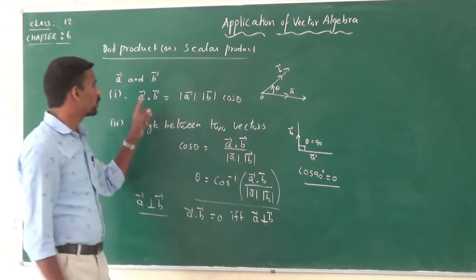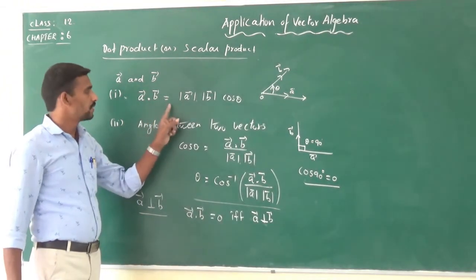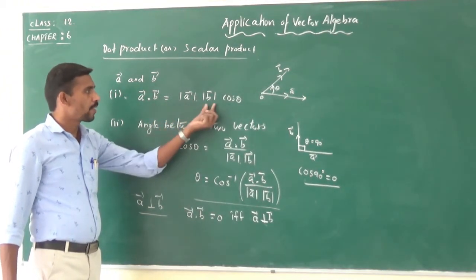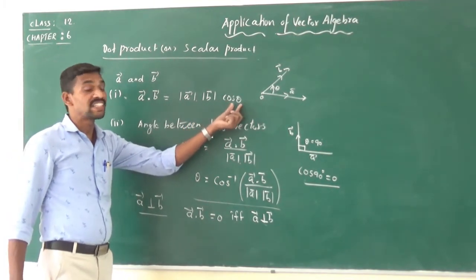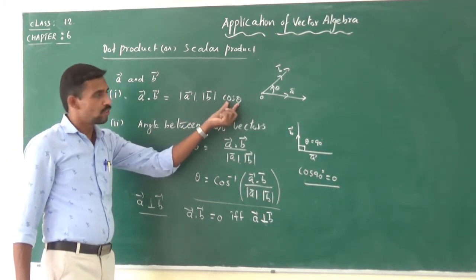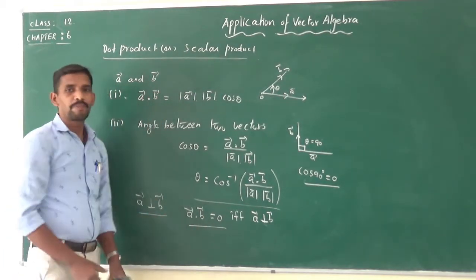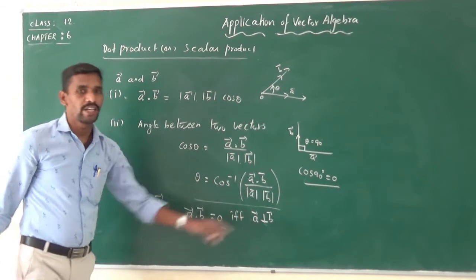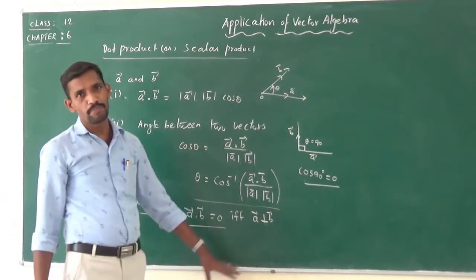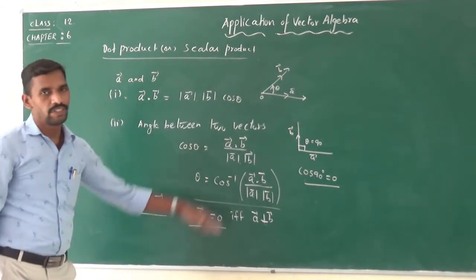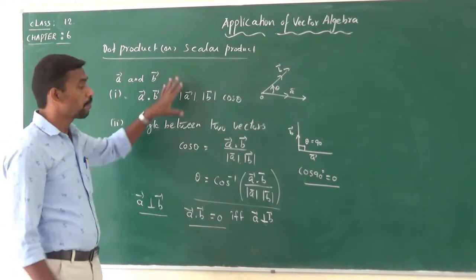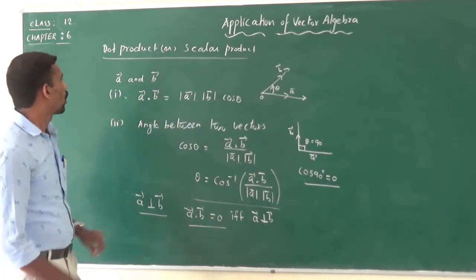So according to the definition, A vector dot B vector is equal to magnitude of A vector, magnitude of B vector into cos 90. Cos 90 is 0, and 0 into anything is 0. So A vector dot B vector is 0 if and only if A vector is perpendicular to B vector. These three properties are very important in the dot product.